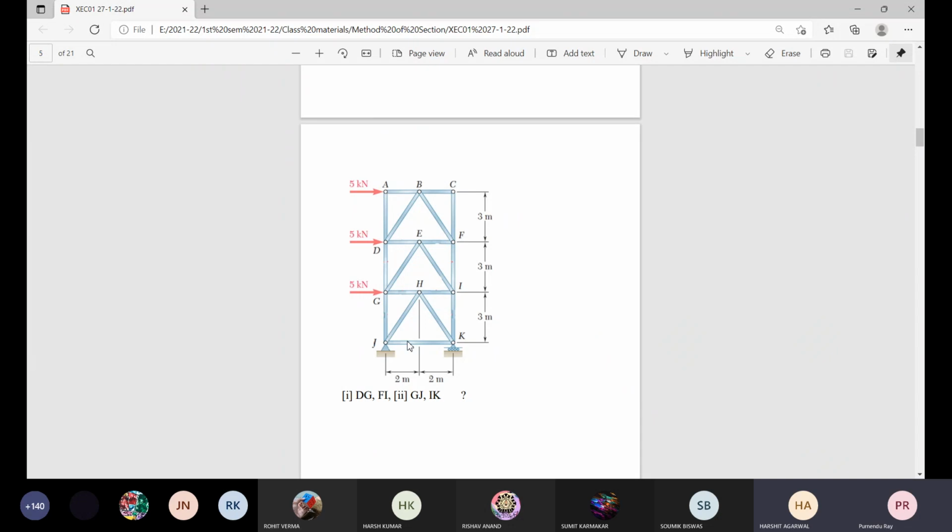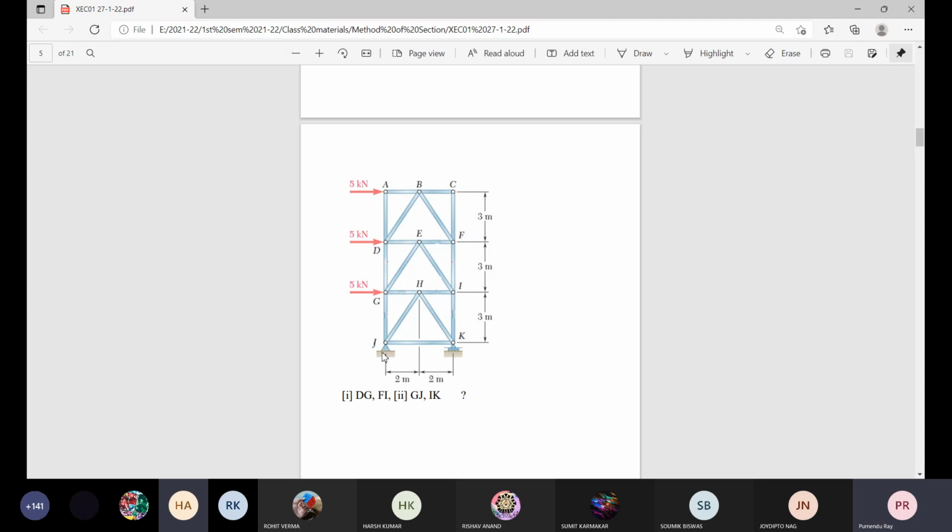Suppose this is representing a person who is standing vertically and your foot is attached to the ground so that you cannot move. But from your backside, at your neck, at your waist, at your knee, suppose some wind thrust is coming, or some of your bad friends are trying to push you that way, but you cannot walk because your toe is attached to the ground.